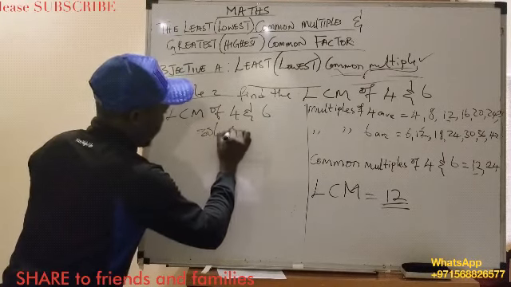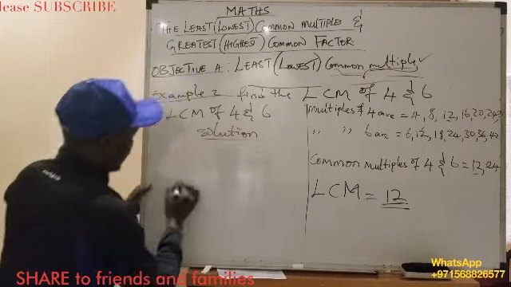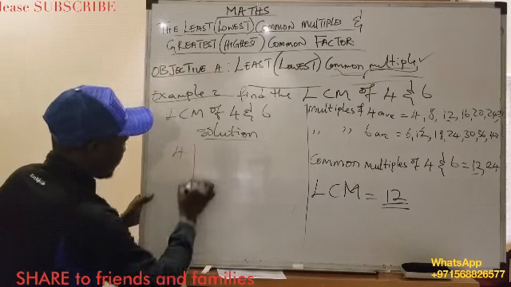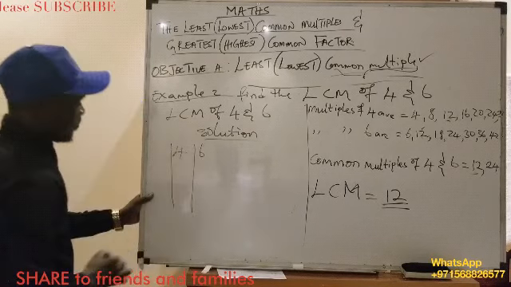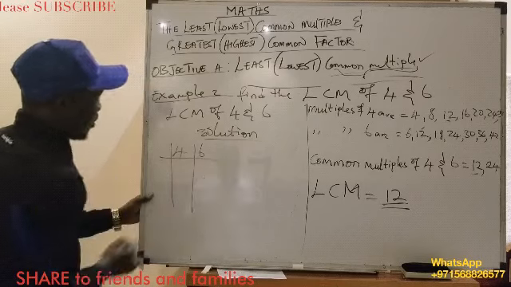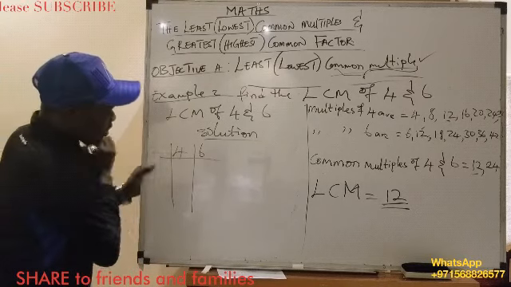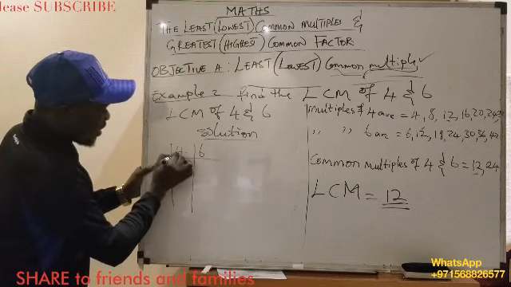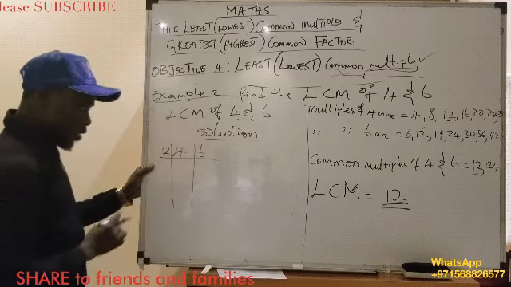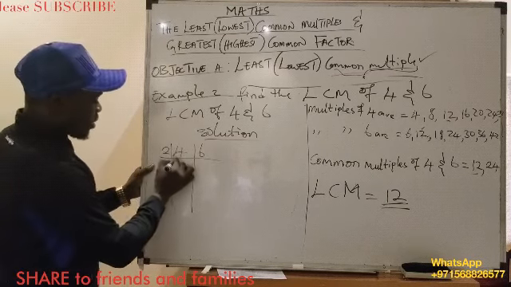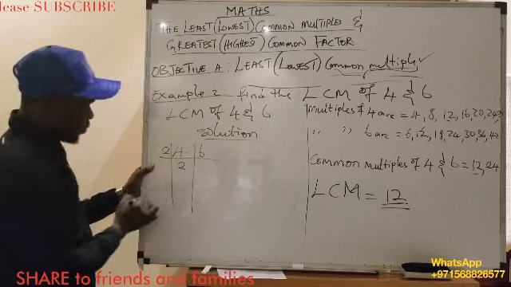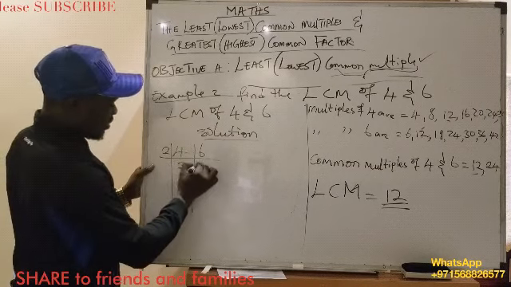Solution: 4, 6. Here now, we'll check what is the number that can divide this and this without remainder. 2 can go. 2 can divide 4 to give us 2. 2 can divide 6 to give us 3.